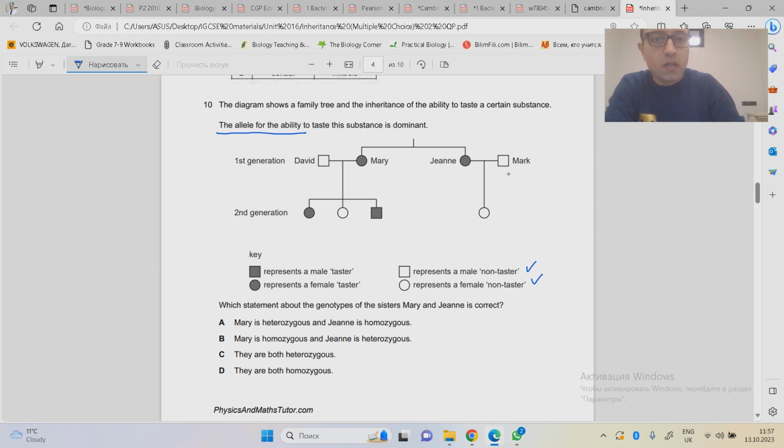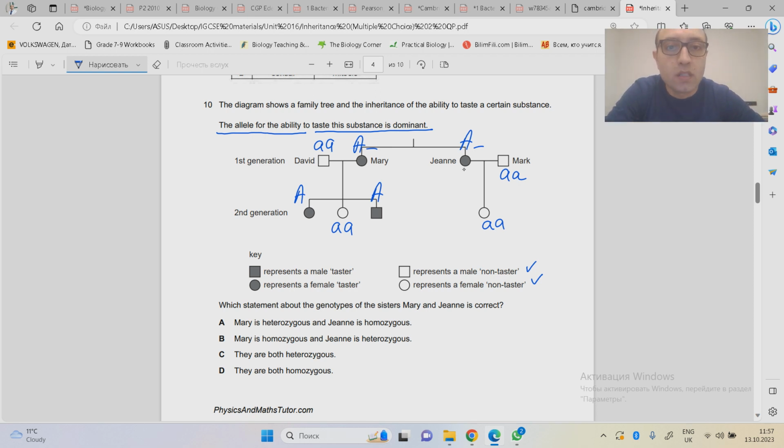So let's say that the whites are small a, small a. They are also small a because they cannot taste. They are saying that tasting this substance is a dominant feature. So Mary contains a minimum of one capital A.